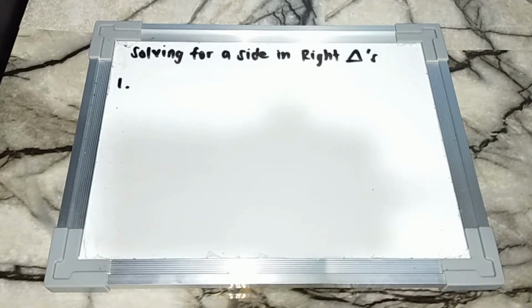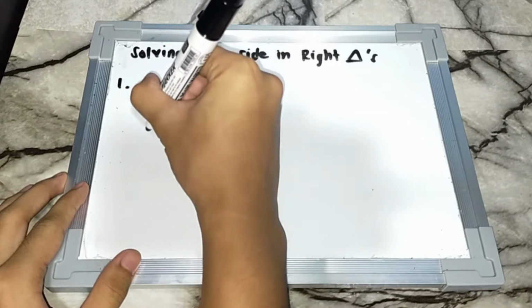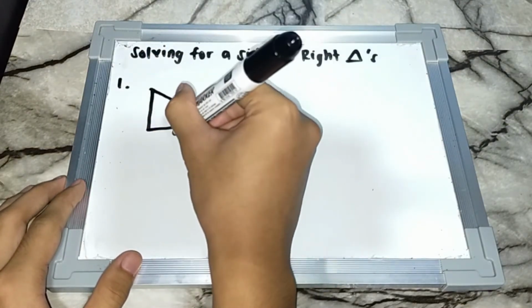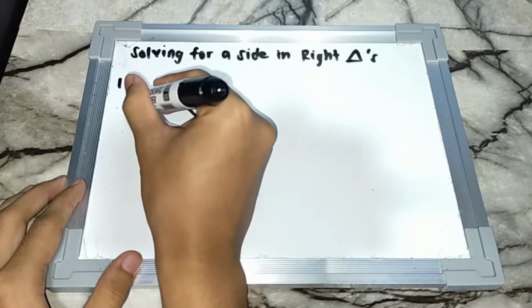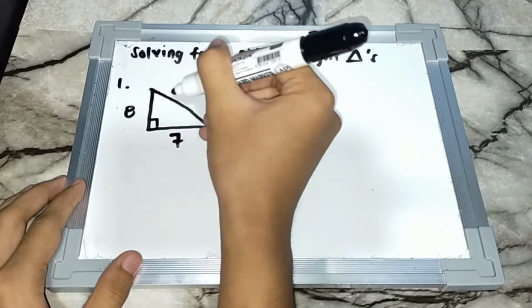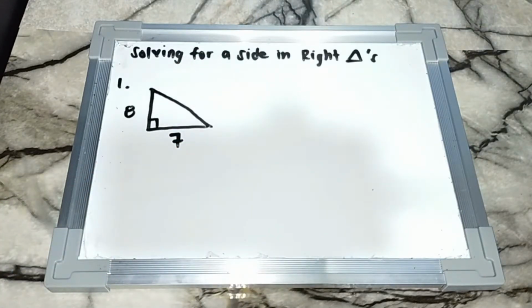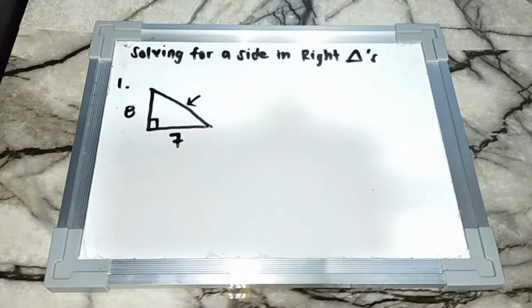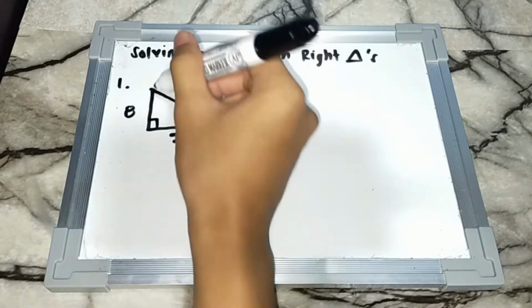For the first example, suppose you have a triangle, and one side is 7, one side is 8, and we have a right triangle. So we all know that we are finding the measurement of the hypotenuse, which is the longest side.